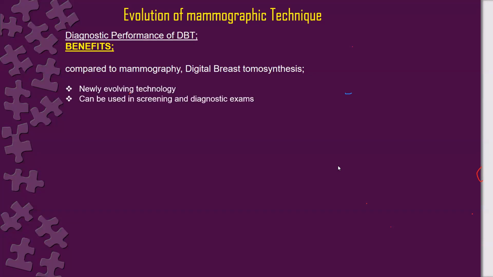So the diagnostic performance of tomosynthesis compared to digital mammography, which is a newly evolving technology that can be used both in screening and diagnostic settings, is a better sensitivity and specificity compared to full digital mammography.